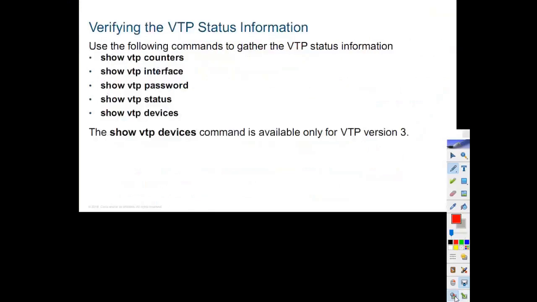And then from the beginning here, you can see that verify the status of the VTP. When you configure them, can we go in and do a show command? If you want to look at the counter, interface, password, status, and devices, by doing a show VTP. If you don't know more of these specifics, just do a question mark. And then after that, they'll give you all of these options. What do you want to look for?